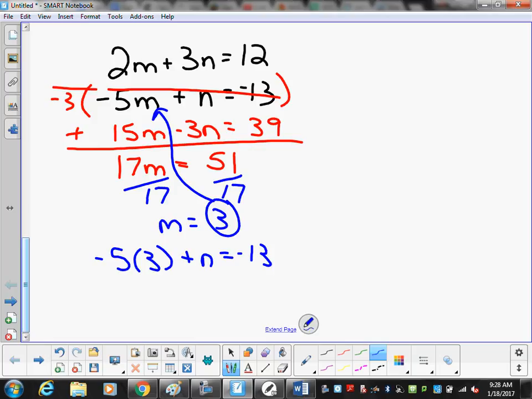Okay, those other questions? What if you solve for n first, and you get that 2, and your final answer is 2, 3? I'll address that in a second. Yes, it does, but I'll address that in a second. Negative 5 times 3 is negative 15. And so when you add 15 to both sides, you get n equals 2.